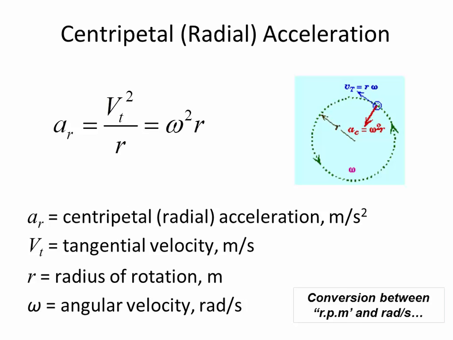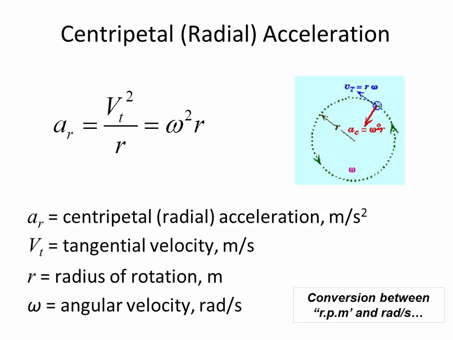So if you have, for example, 100 RPM, that means you've got 100 rotations per minute. So one rotation is 2 pi radians, and 1 minute is 60 seconds.